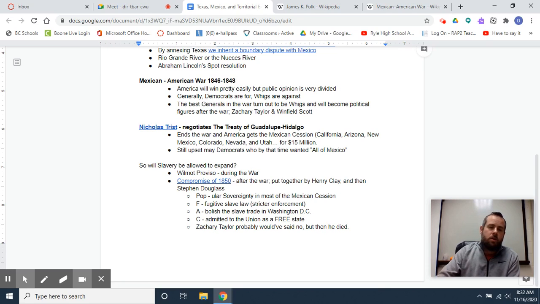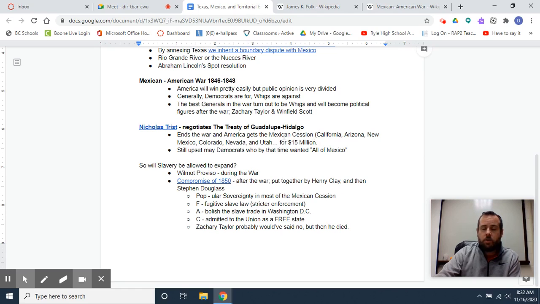Here's where it gets interesting. At the end of the war, a U.S. diplomat, Nicholas Trist, is going to negotiate the treaty to end the Mexican-American War. It's called the Treaty of Guadalupe Hidalgo. From the United States perspective, this is an excellent treaty. It ends the war, and we gain a ton of land. It's called the Mexican Cession.